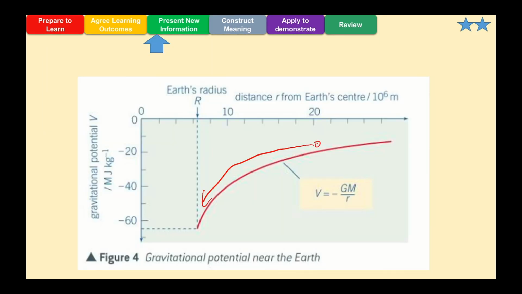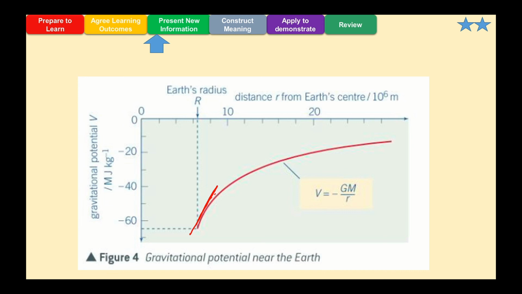Now, if I'm going to relate this graph to my potential gradient, in other words, the rate of change of potential as it varies with distance, well, very easy. Your potential gradient is the gradient of this graph. In other words, if I'm really close to the planet, it's a big potential gradient, meaning that the gravitational potential changes very quickly with respect to r.